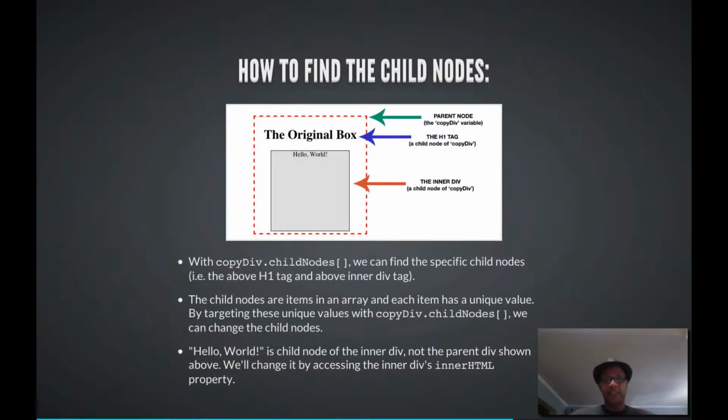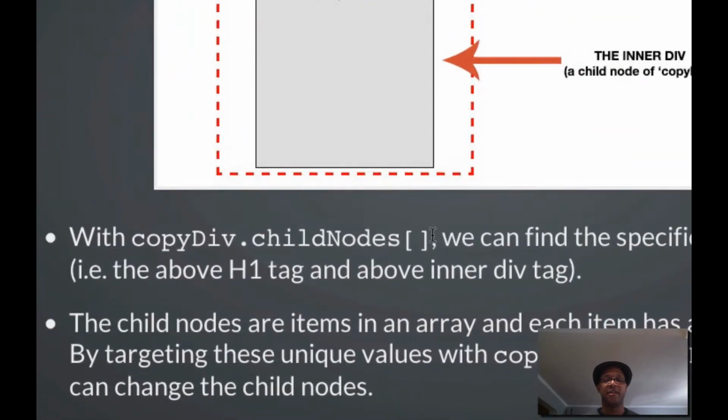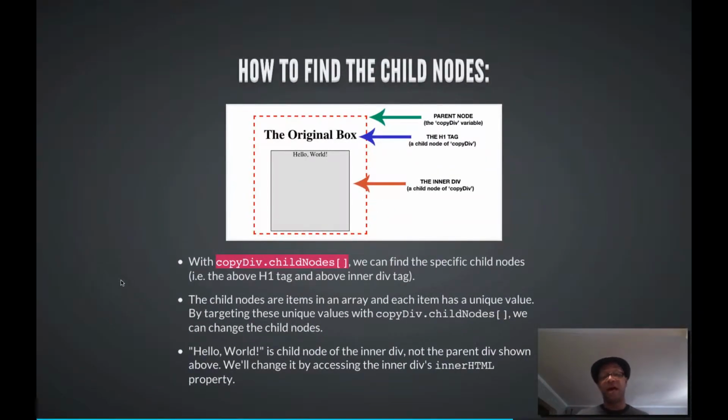Well, that box with the red dashed line as a border, it's a parent node, and at this point, it's referenced by the copyDiv variable. We just did that. This parent node, copyDiv, it's got 2 childNodes, the h1 tag and the inner div tag. Using this line of code right here, copyDiv.childNodes, we can find the specific childNodes, in this case the h1 tag above as well as that inner div tag.